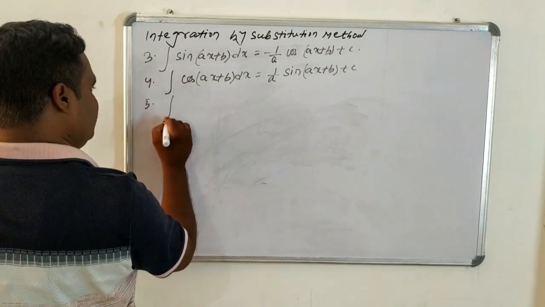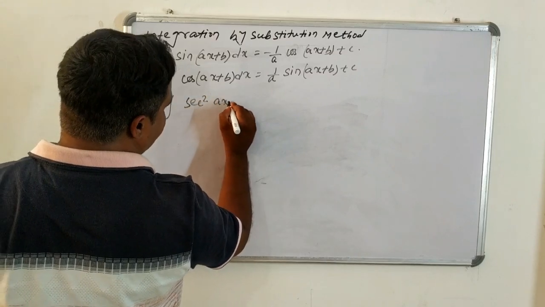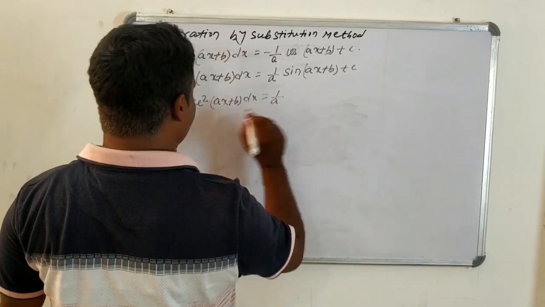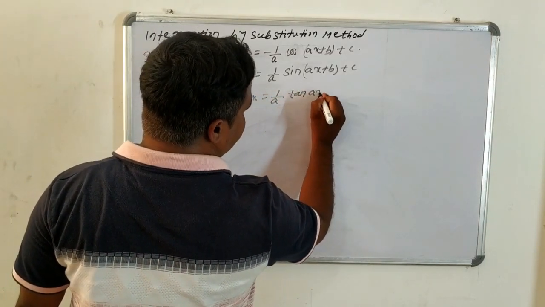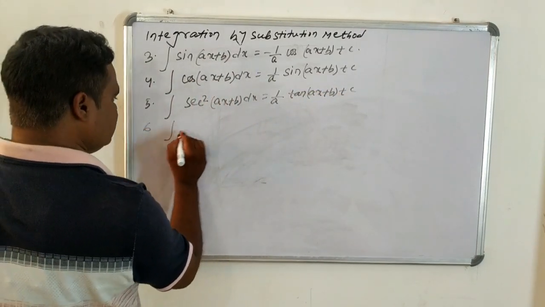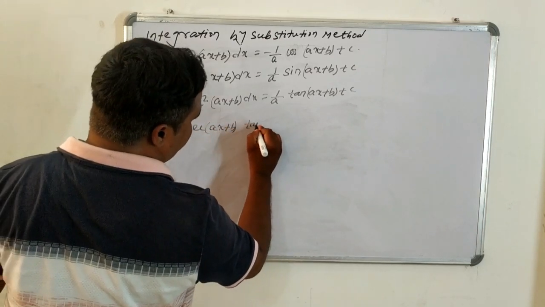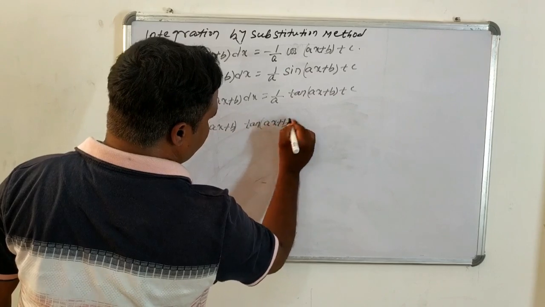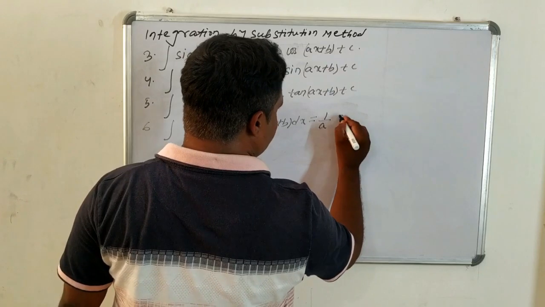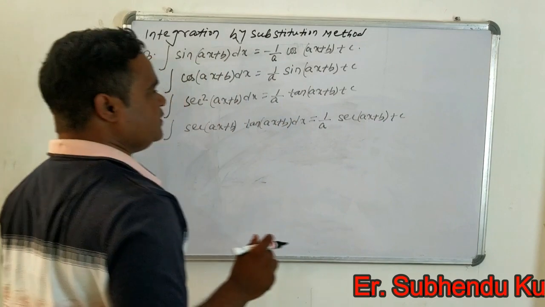Now 5: the integration of sec square of ax plus b is equal to 1 by a tan of ax plus b plus c. 6th one: sec of ax plus b multiplied by tan of ax plus b dx equals 1 by a sec of ax plus b plus c.